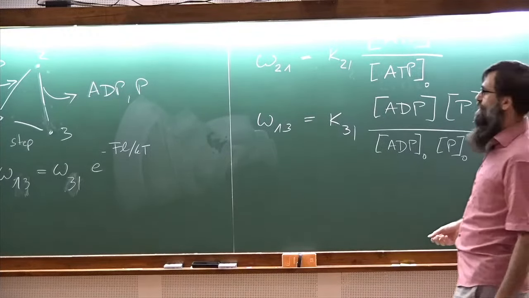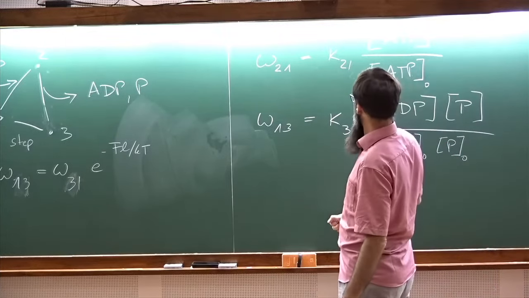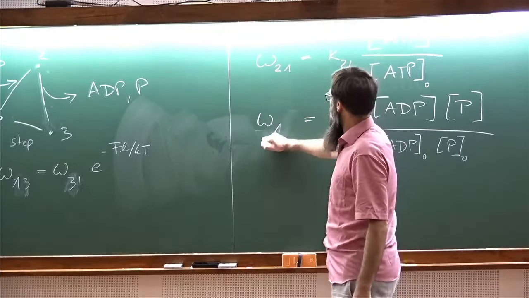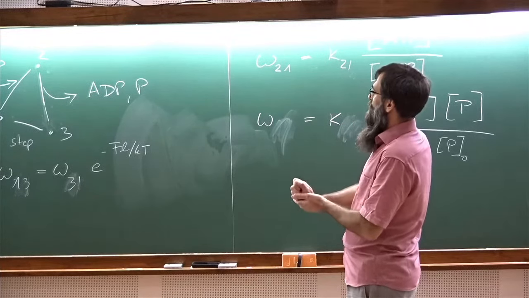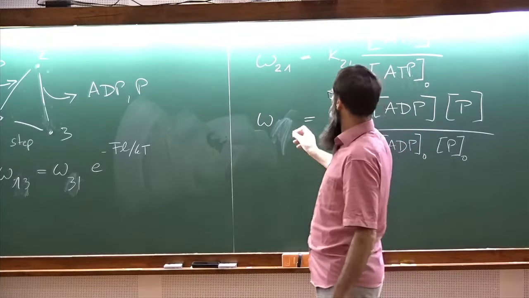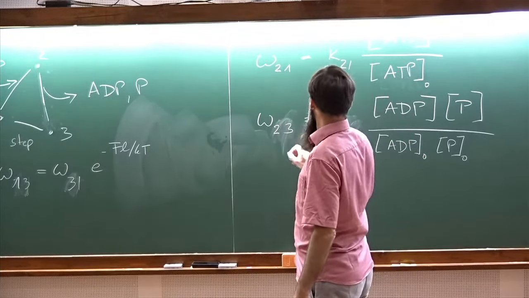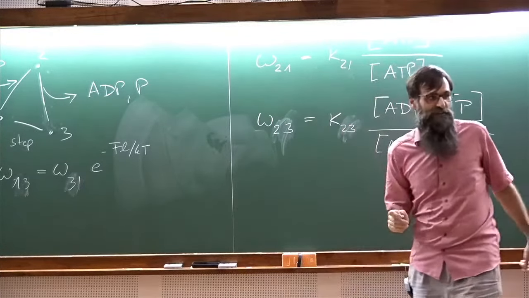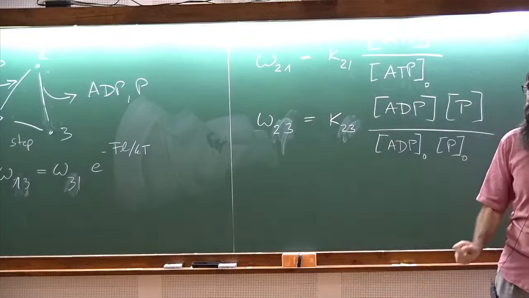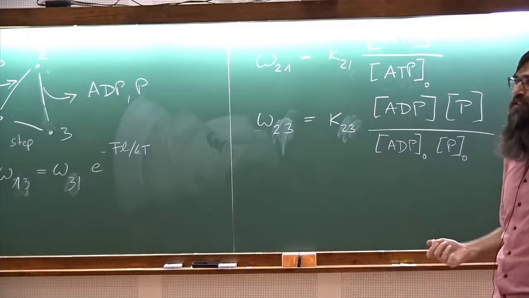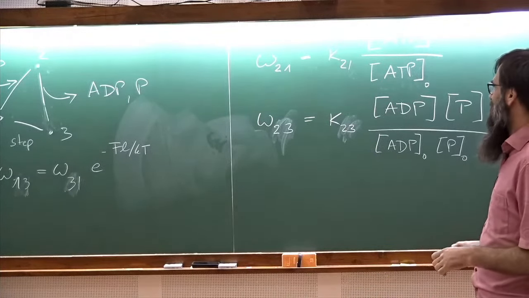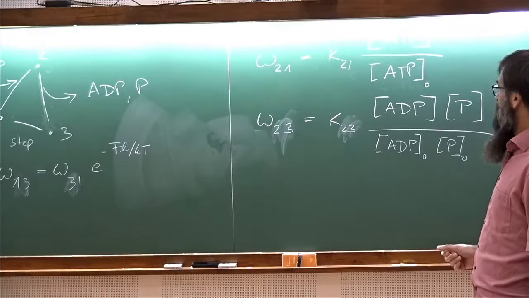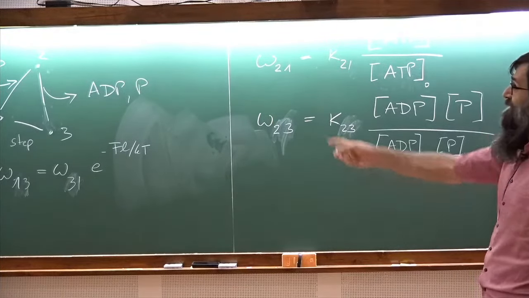This is not right here. Yes, this is all wrong. This is wrong and this is wrong. Okay, so this is going from 3 to 2, so this should also be 2,3. Thank you. That's the danger of doing things on the blackboard. But they're also easier to correct than up there.